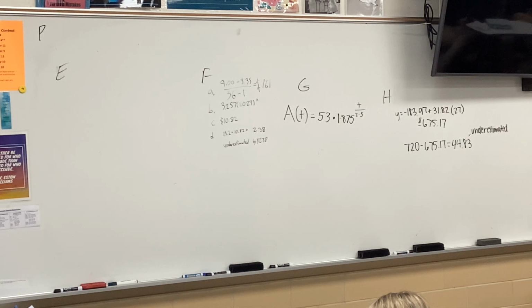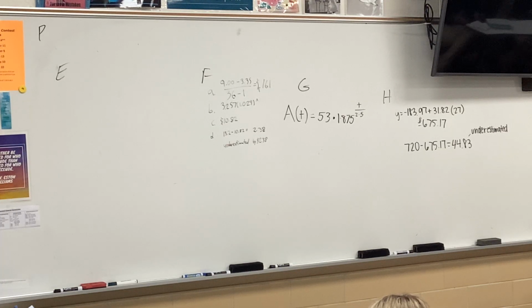He divided those two numbers to find the total multiplication, and then took the 35th root. Does that make sense to you? Everybody okay?